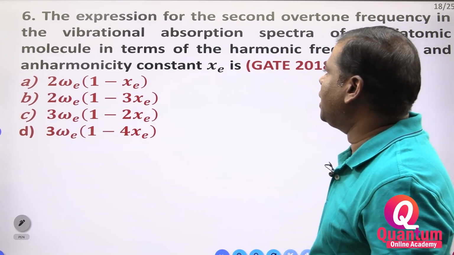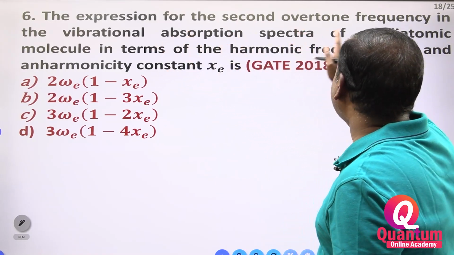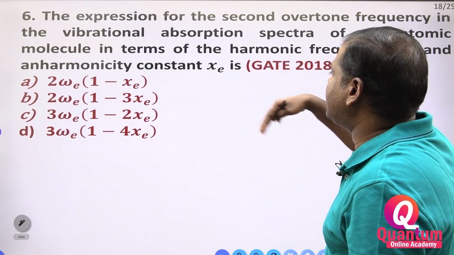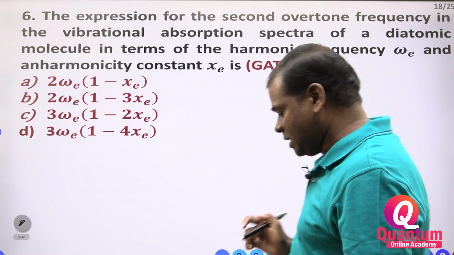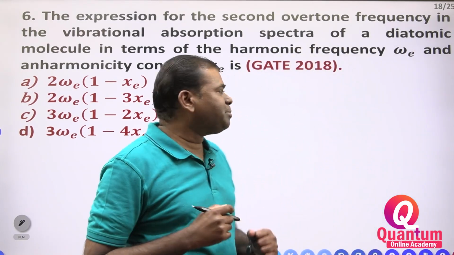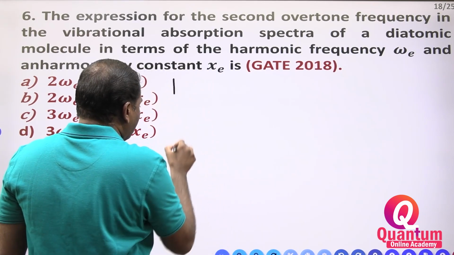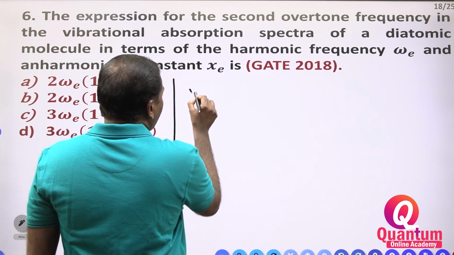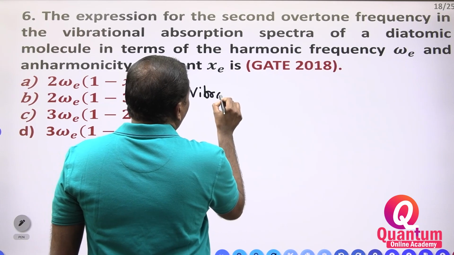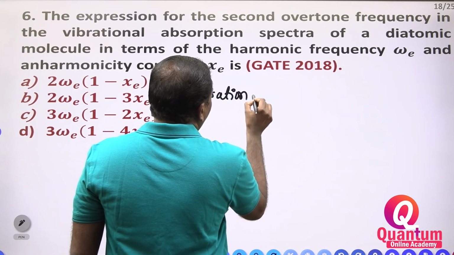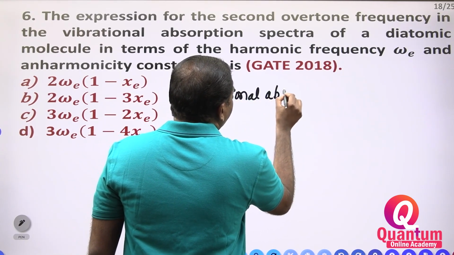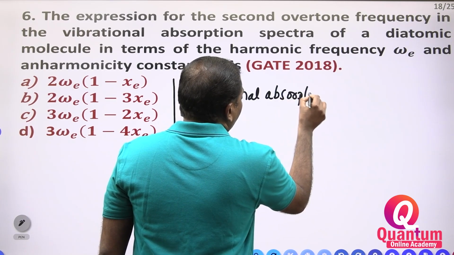Now you have to see. Express the second overtone frequency in the vibrational absorption spectrum. Which one are they asking? In a vibrational absorption spectrum. This is a very, very important question.